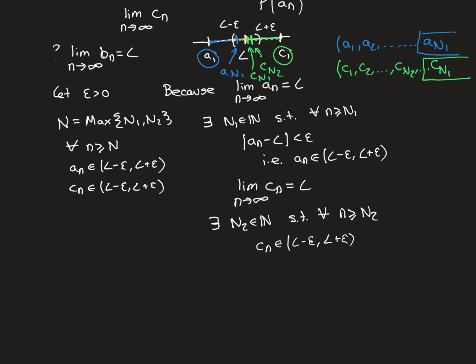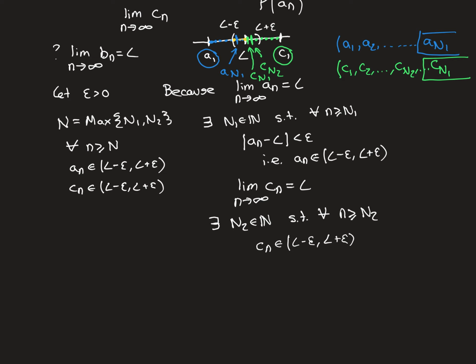So hopefully that is clear from what I've done here to explain that if you go to the maximum of this, then for all terms beyond that maximum, for both sequences, they're going to be inside the epsilon interval.